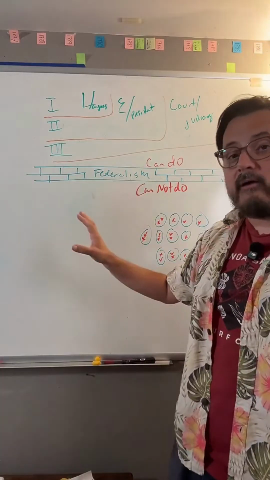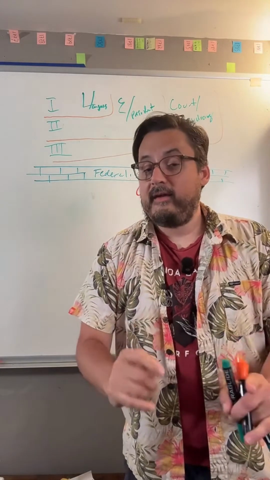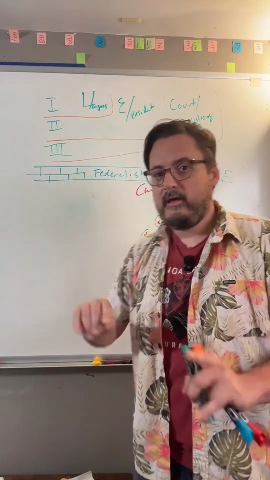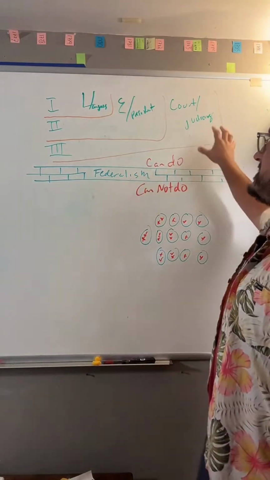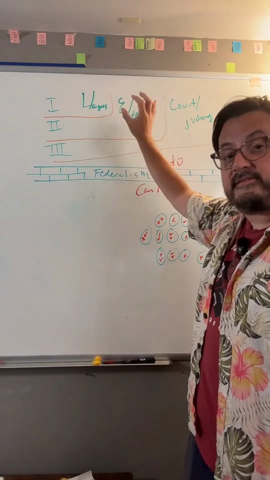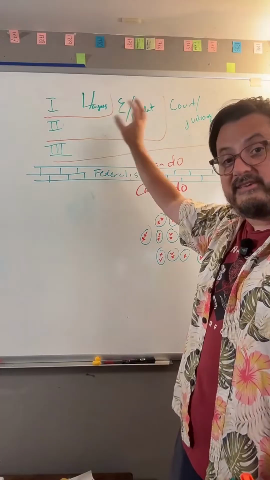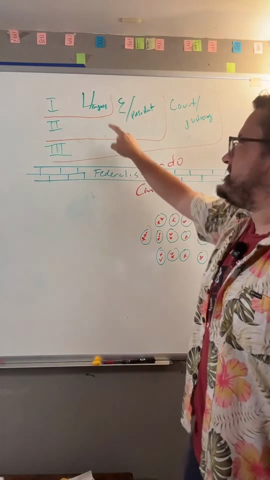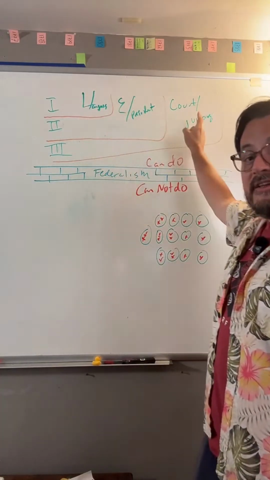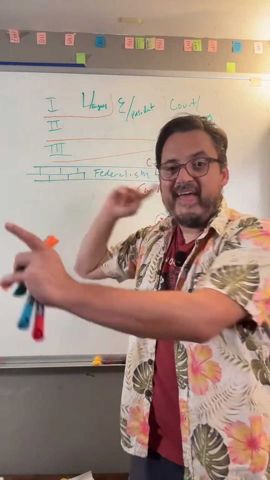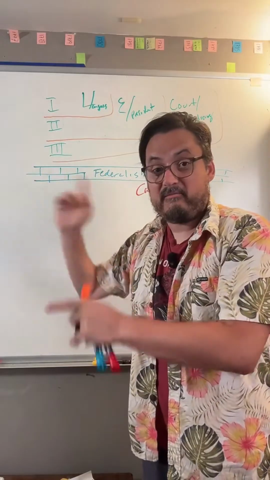So the enumerated powers are the only things that each of these guys are allowed to do. So not only is the entire federal government stuck doing only the things that it is enumerated to do, but each of these three branches is also blocked, at least originally, from doing anything that the other ones are allowed to do.